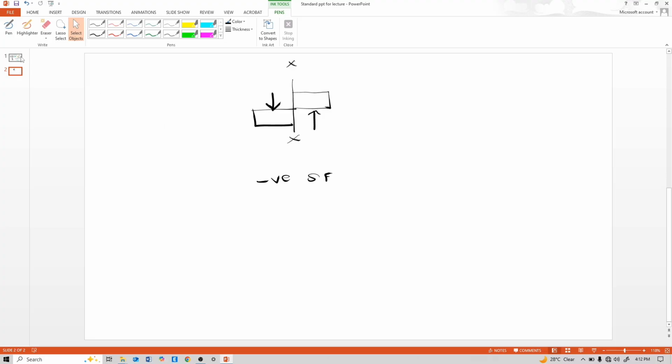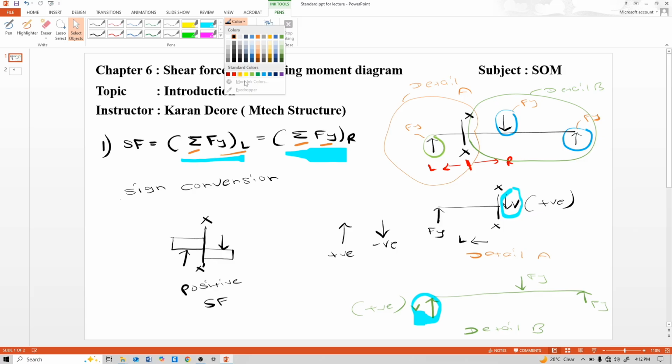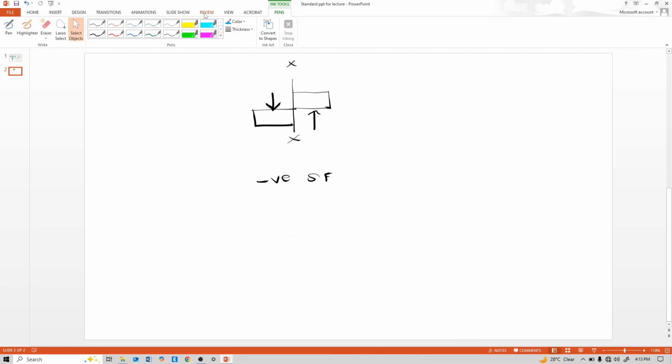And this is represented like this also, positive shear force. And this is represented like this also, negative shear force.